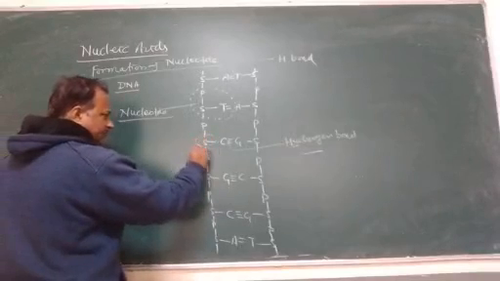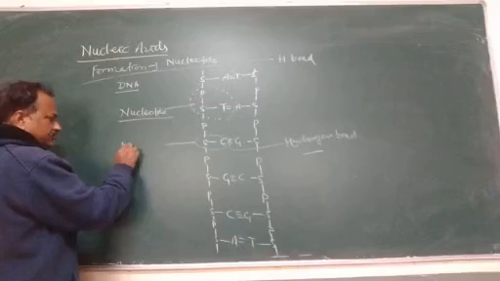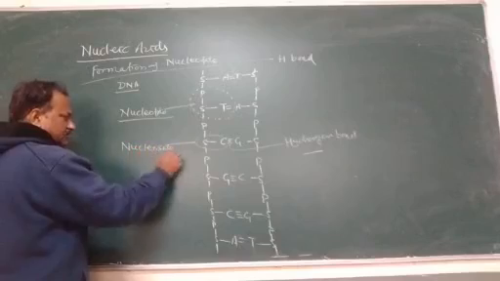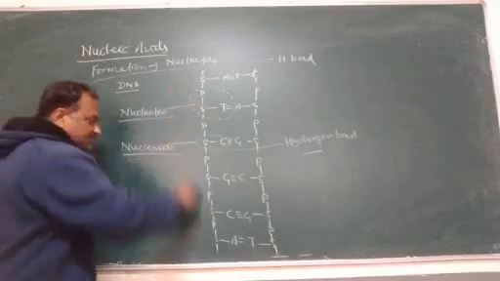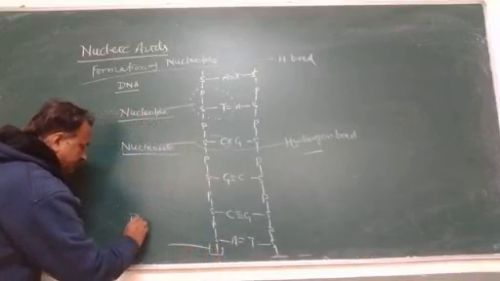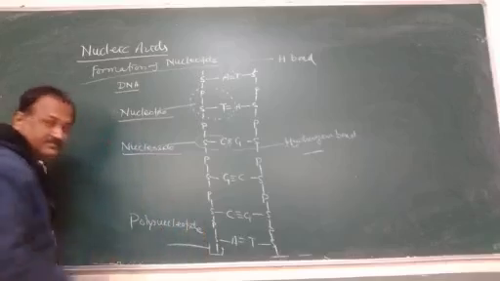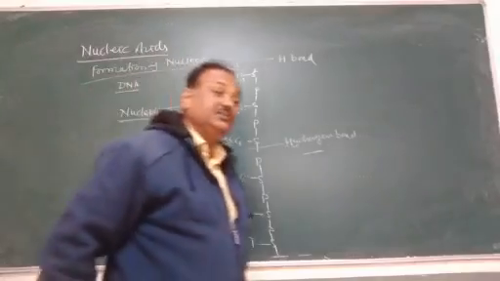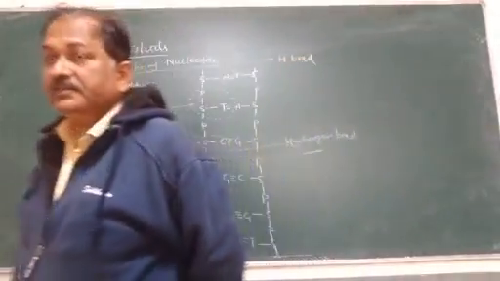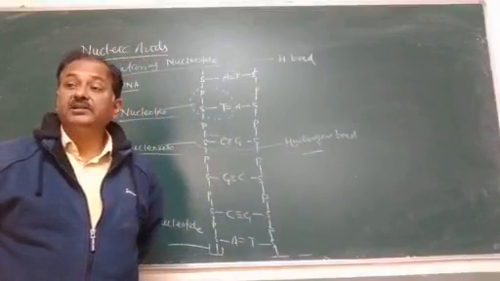And this sugar and nitrogen base forms the nucleoside. So this is what? This is a polynucleotide. It is called a polynucleotide. Hence we define that biomolecules, that is the nucleic acids, are polynucleotides.